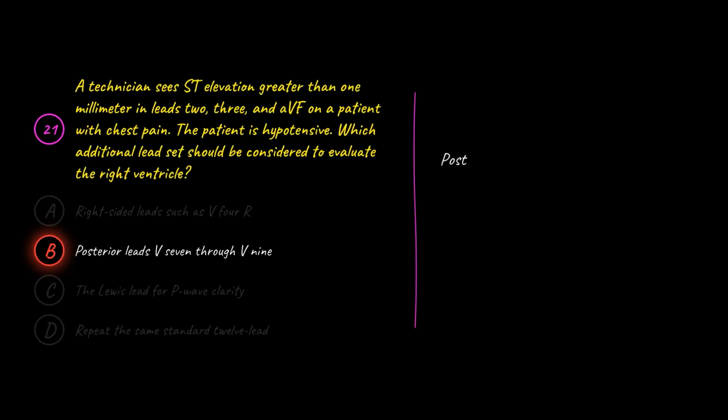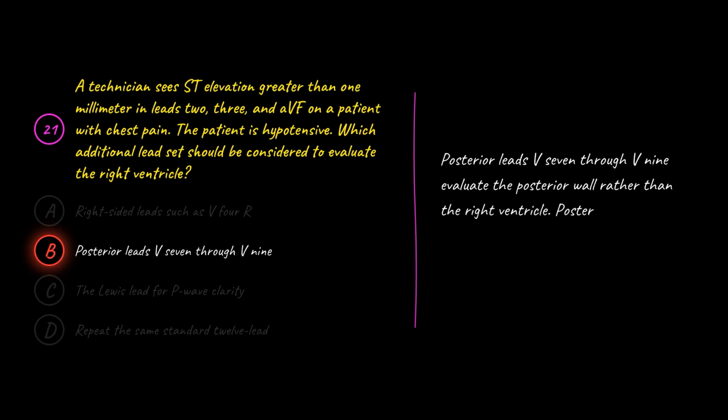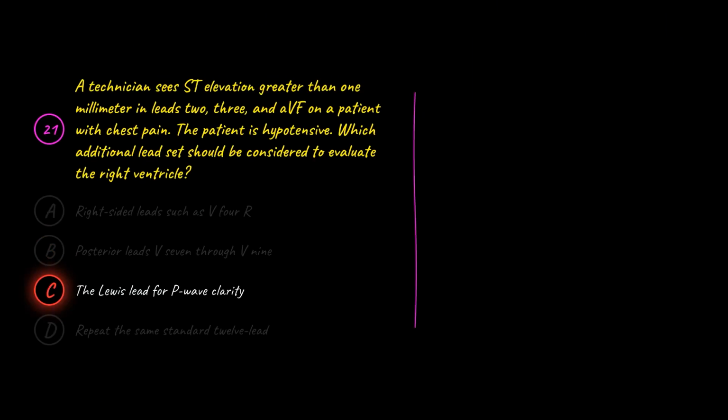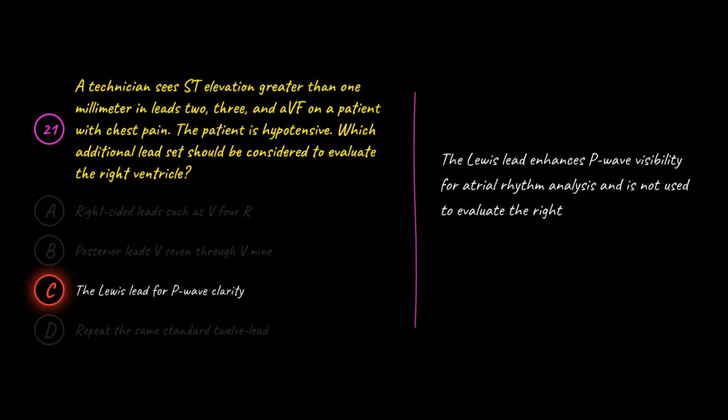B is wrong because posterior leads V7 through V9 evaluate the posterior wall rather than the right ventricle. Posterior wall evaluation is useful, but does not address the RV question raised by the clinical picture. C is wrong because the Lewis lead enhances P-wave visibility for atrial rhythm analysis and is not used to evaluate the right ventricle.